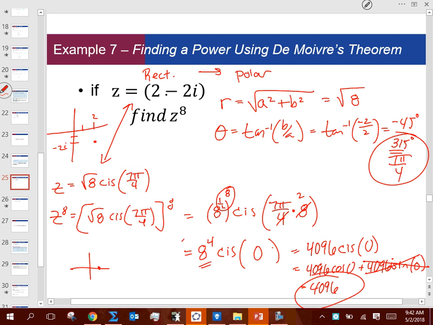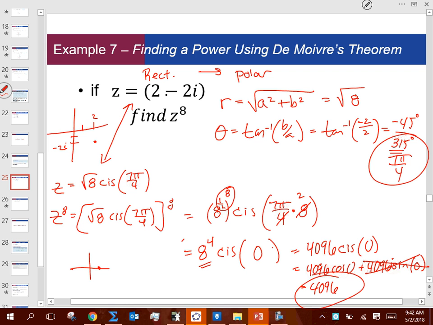Am I left with 4096? Same thing we found using rectangular coordinates, right? Now, I don't know, if we were to time both processes when we did it by rectangular FOILing, I don't know which one's going to be quicker in this instance, but holistically, over all examples, all questions that you'll do, polar form is quicker.